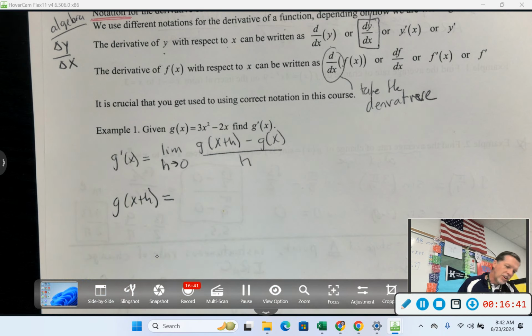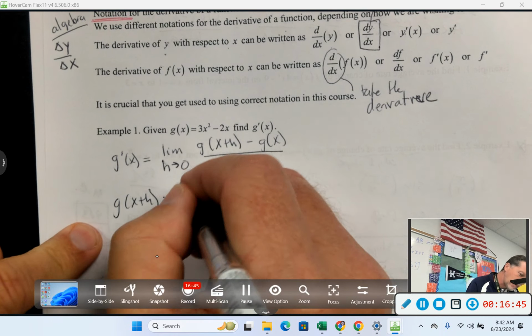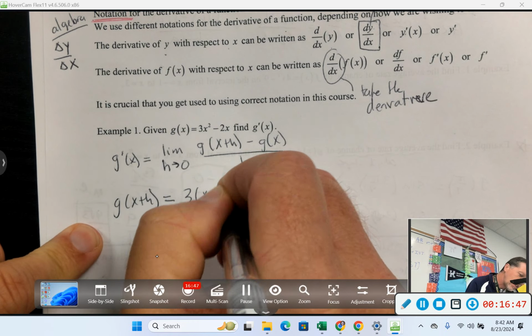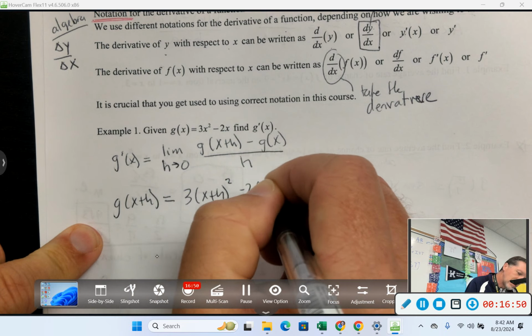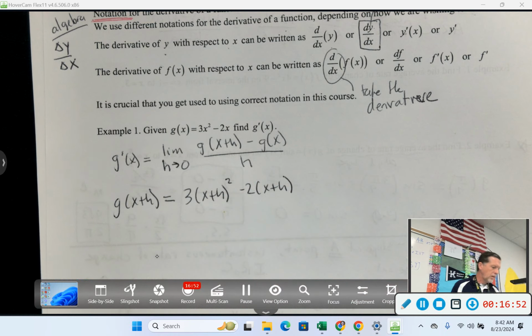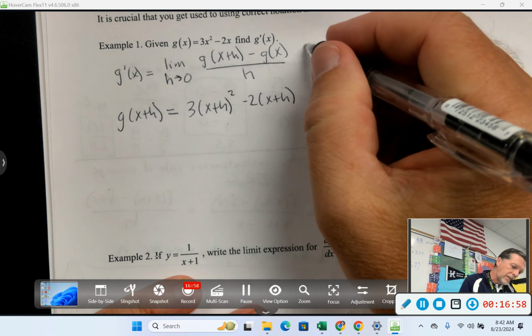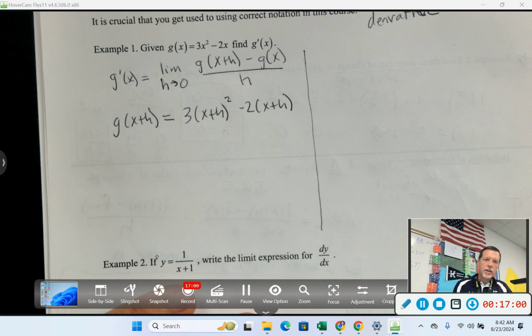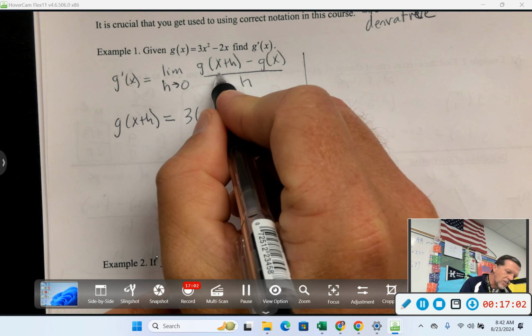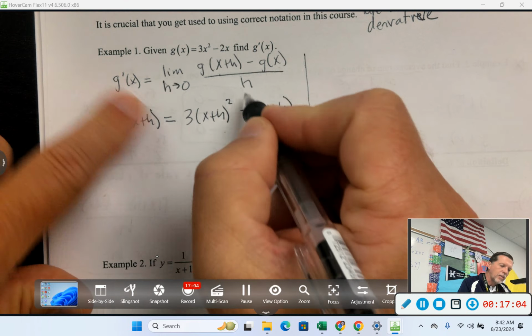So g of x plus h. That means take the g function and plug in x plus h. By the way, I probably want to be writing smaller than I'm writing, because we're going to have to find g of x plus h. We already know g of x, and then we'll have to plug it into this.